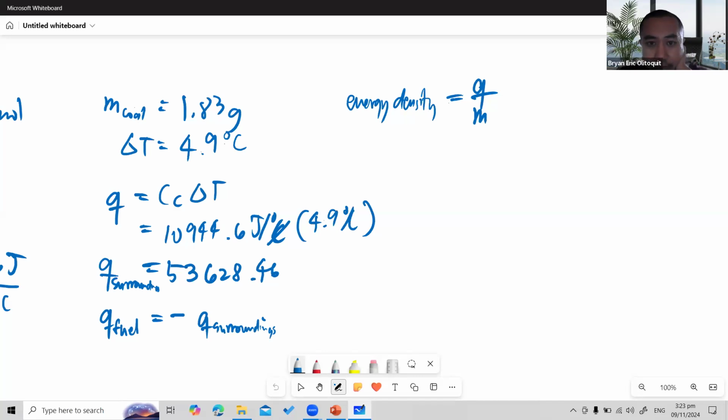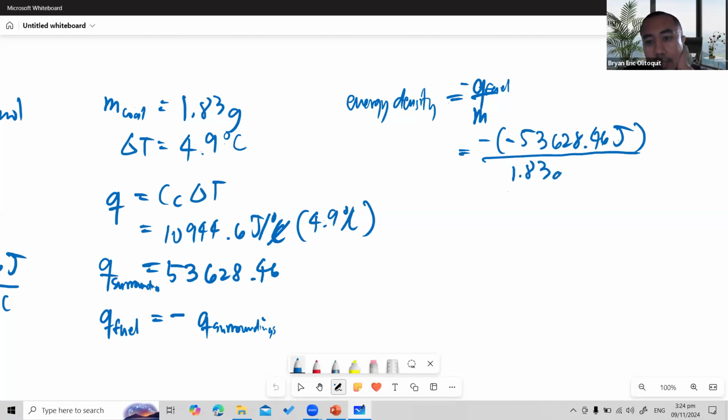So in terms of the energy density, this will again be negative for the fuel, wherein we have negative multiplied by negative 53,628.46 joules. We divide this by the mass of the coal, 1.83 grams.